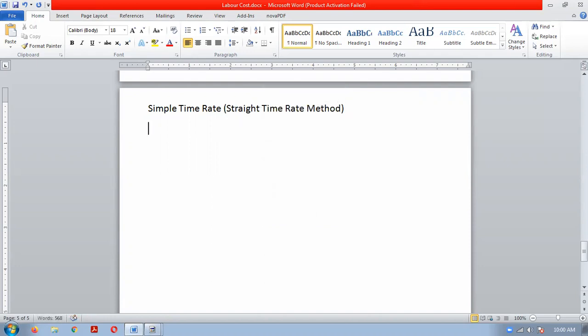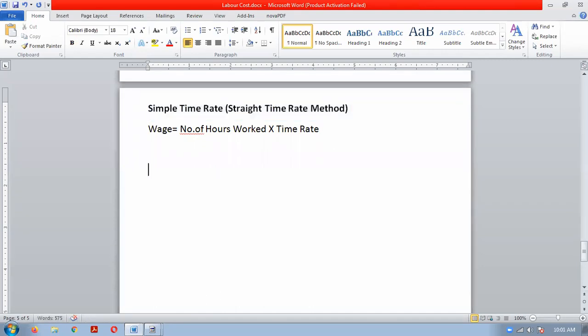Here wage will be number of hours worked into time rate. So you just have to see the employee working for how many hours multiplied by the time rate given in the question. This is known as the straight time rate method.